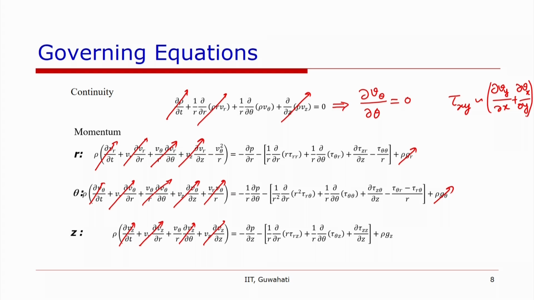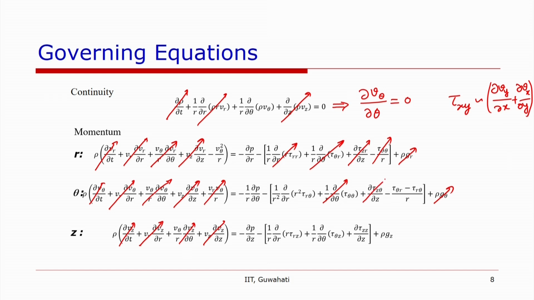So using this principle, we can say that if Vr is 0, then tau rr will be 0. Tau theta r will be 0 because it is del over del theta. Del over del z, tau zr, this is 0. Tau theta theta will be 0.